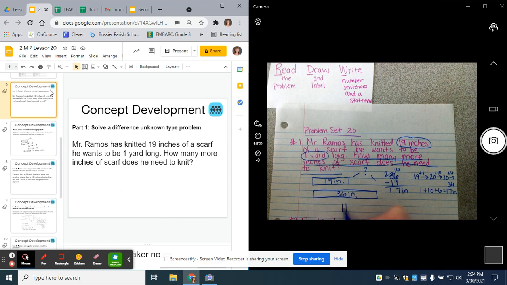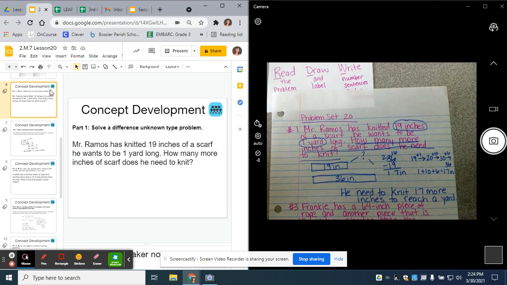He needs to knit 17 more inches to reach a yard.